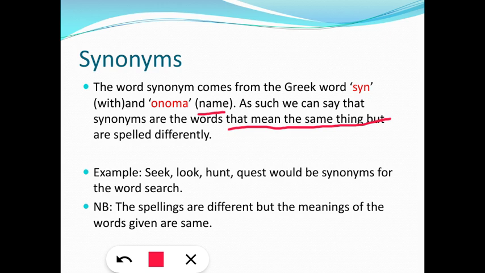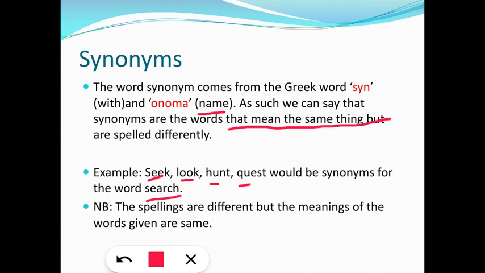For example, the synonyms for the word search would be seek, look, hunt, quest. If you have a closer look at these words, they have different spellings, altogether different, but the meanings they convey are the same.